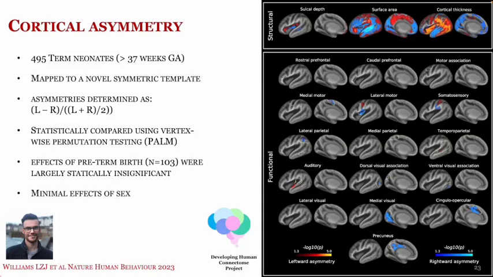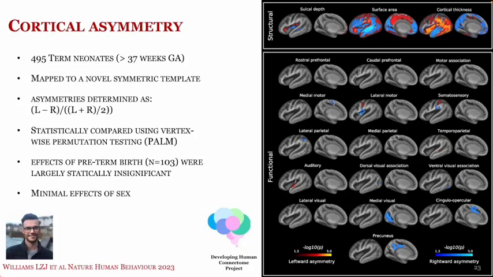This approach allowed my PhD student Logan Williams to investigate genetic versus environmental origins of structural and functional asymmetries using a cohort of healthy term-born babies scanned shortly after birth. These were then compared against a smaller cohort of moderately preterm babies scanned at term equivalent age and a group of young adults from the Human Connectome Project.